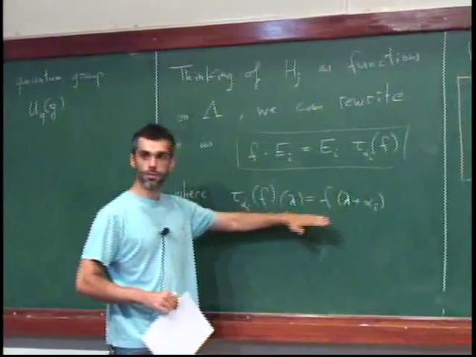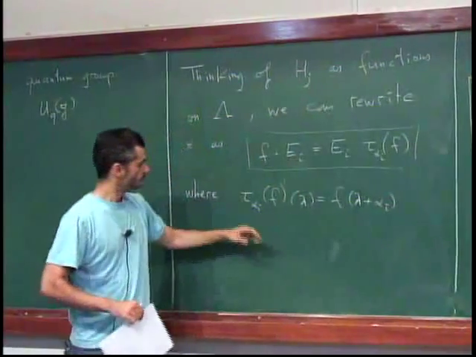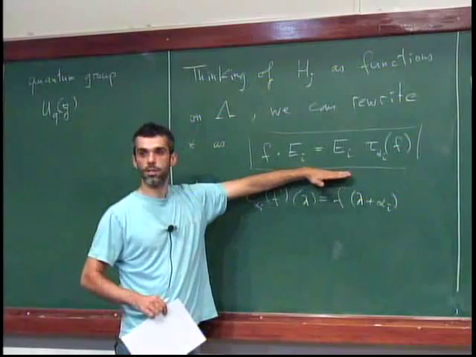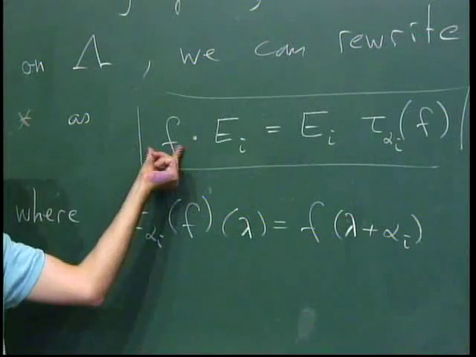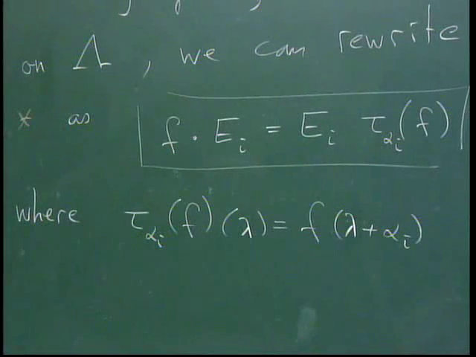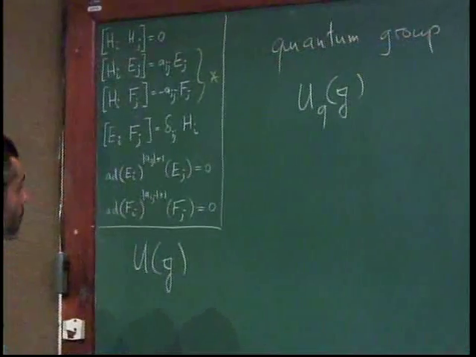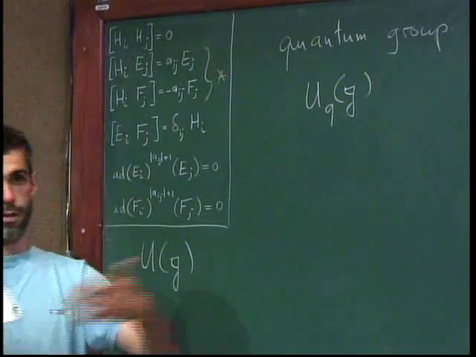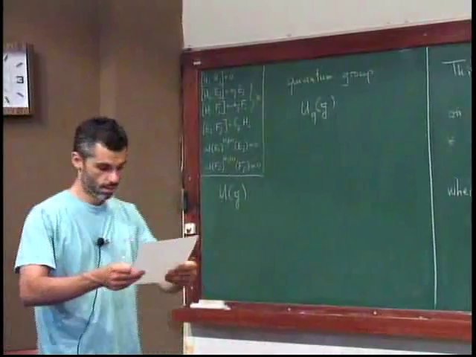And for any polynomial in the h_i's, this relation is going to be satisfied. In U_q(g), we'll be working with some other generating set for the functions on this weight lattice.